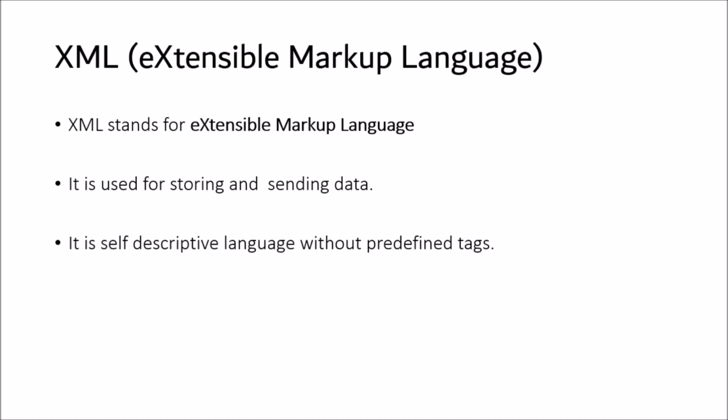But in case of XML, there is no predefined tag. So whatever you define will become a tag. We'll see it later. Now it is similar to HTML; there should be tags, but not predefined tags.